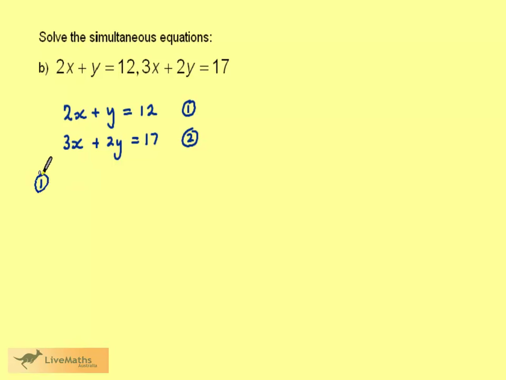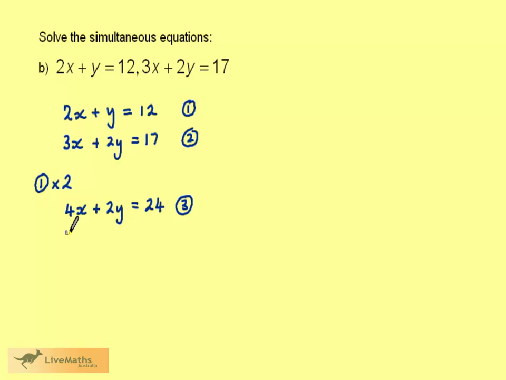Take equation 1 and multiply it by 2. 2 lots of 2x are 4x. 2 lots of y is 2y. And 2 lots of 12 give us 24. Call this equation 3.